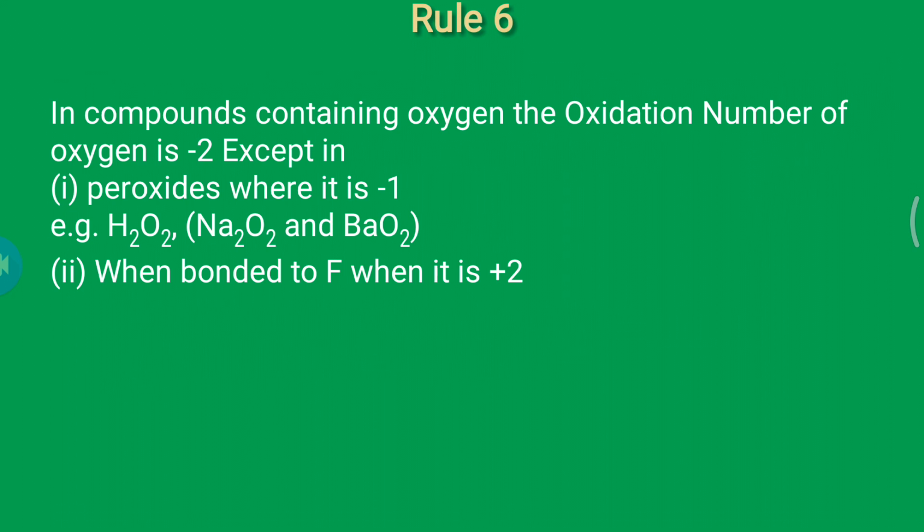Rule number 6: in a compound containing oxygen, the oxidation number of oxygen is minus 2, except in peroxides, where it is minus 1. For example, H2O2 is a peroxide, and in it the oxidation number of oxygen is minus 1.